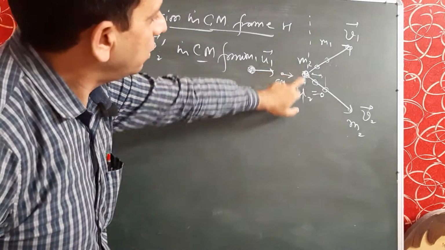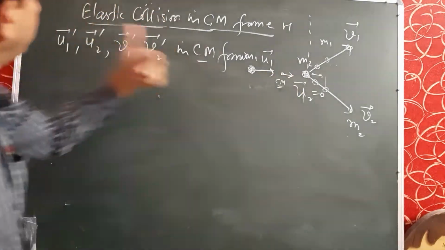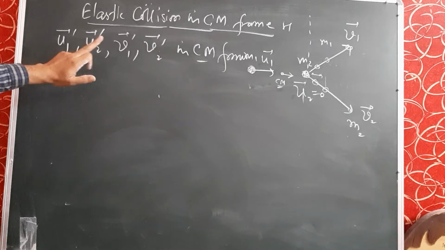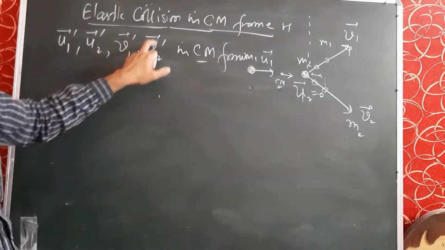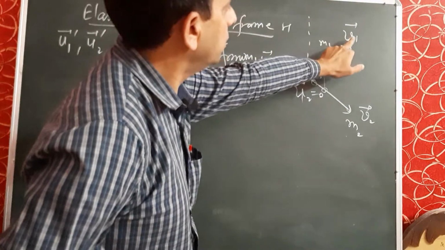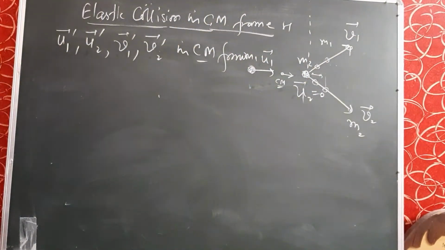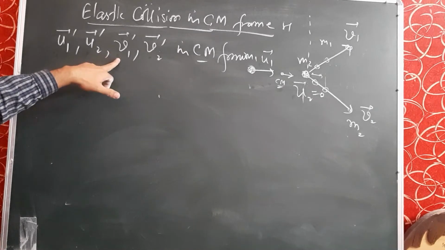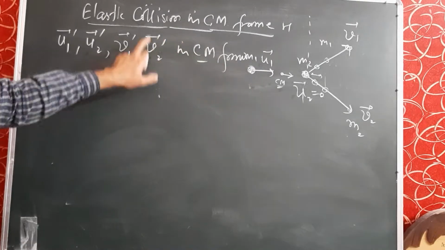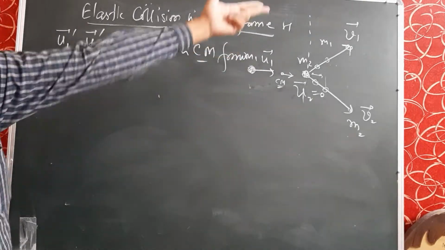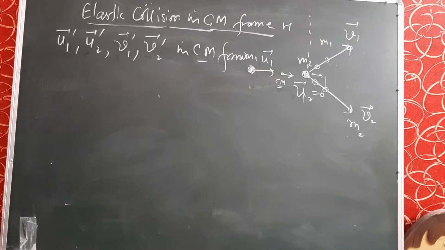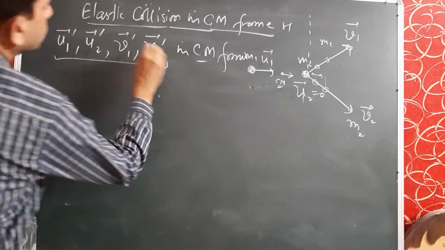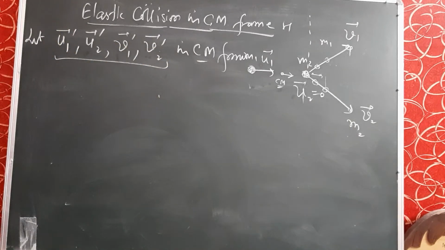The second particle is at rest in the lab frame, but it is also in motion according to the center of mass frame, and similarly v1 dash and v2 dash. The first particle moving with velocity v1 is in the lab frame, but in the center of mass frame its velocity is v1 dash and the second particle's is v2 dash. So these velocities are entirely different as compared to the velocities of the particles in the lab frame. So let us suppose that these are the velocities of particles in the center of mass frame.